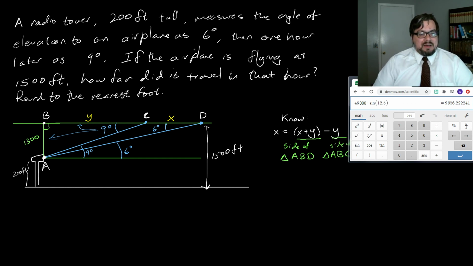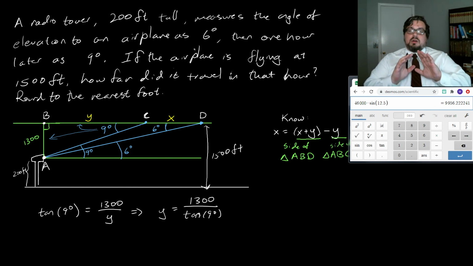So what we have is that tangent of 9 degrees is equal to 1,300 over y, from which we can conclude that y is equal to 1,300 over tangent of 9 degrees.